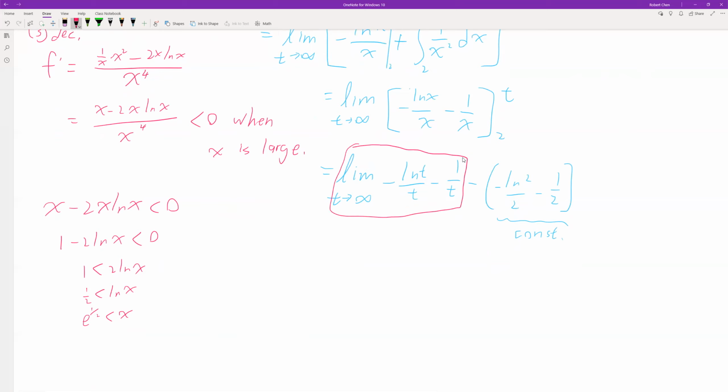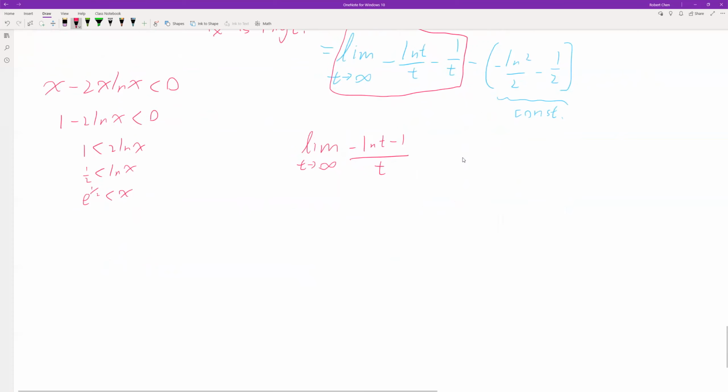All right, so let's see. The limit of negative ln t minus 1 over t. Now, when you take the limit, you're going to get infinity over infinity, or negative infinity over infinity, right? Which is an indeterminate form of limit. All right, so we can do L'Hopital's rule. So the limit as t approaches infinity, that will be negative 1 over t minus 0 over 1, which will give you 1 over infinity.